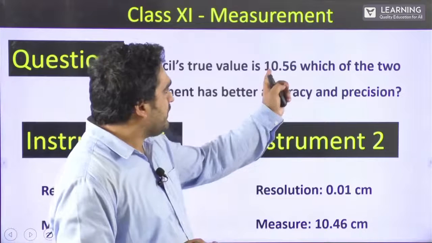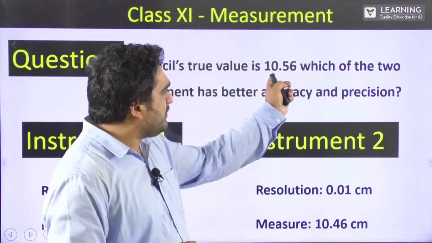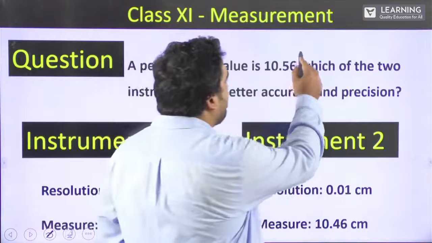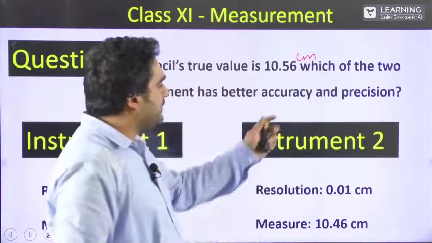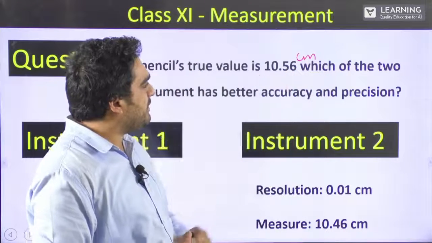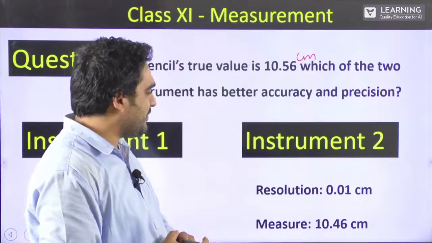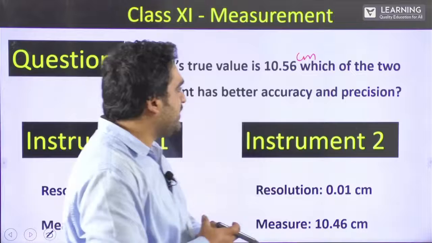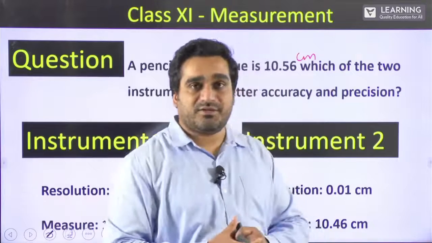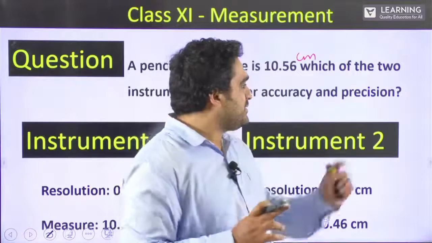So remember, here the true value of the length of the pencil is 10.56 centimeter. Which of the two has a better accuracy and precision?